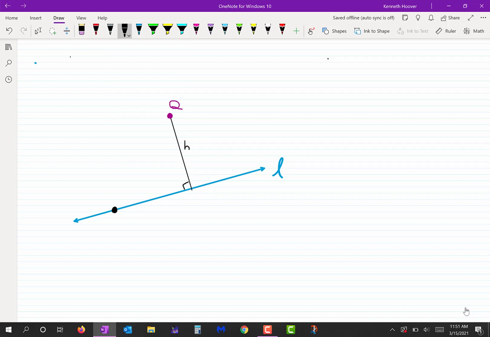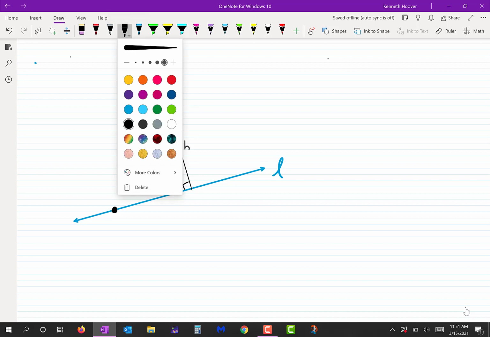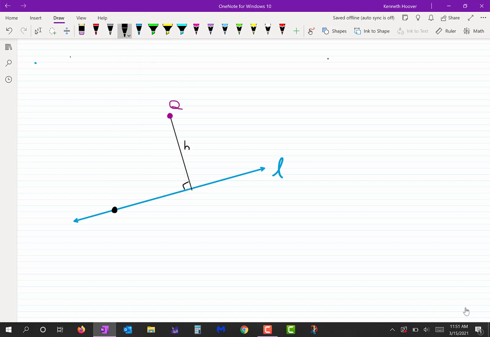We're either given an initial point or we're given the equation of the line L, and once we see the equation of the line, we can pick out the numbers from the equation to tell us the initial point. We can also pick out the numbers to tell us a direction vector.